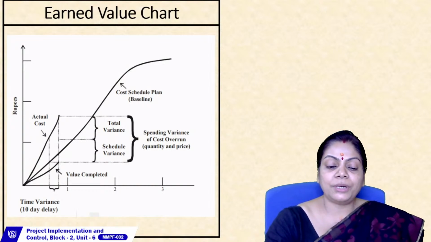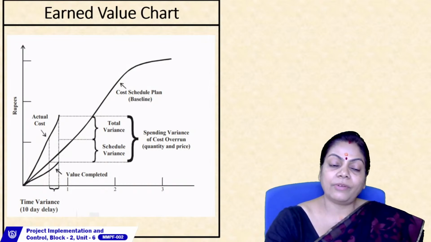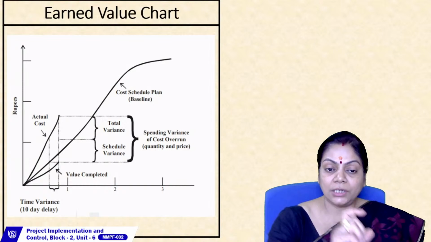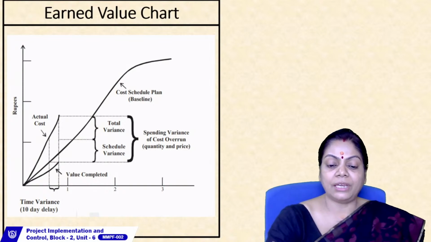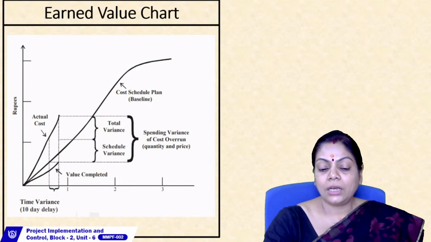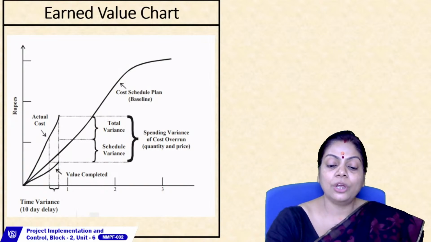Now the top management is usually most concerned with the schedule variance, whereas the project controller is probably concerned with the spending variance. So there is a schedule variance and a spending variance. The top manager is more concerned with the schedule variance, whereas the manager directly in charge, the project controller, will be looking at the spending variance.